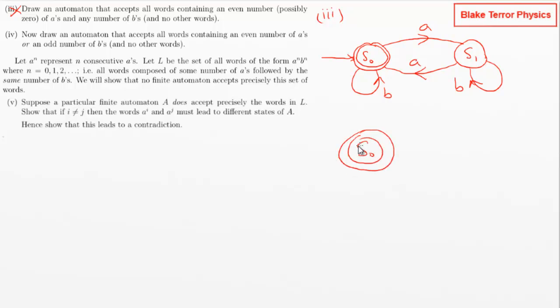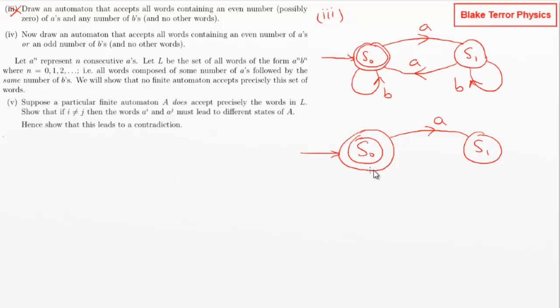So we've got S0, which we know has to be an accepting state because we could come in with nothing again, which is an even number of A's. So if we want an even number of A's, then again, we want to head off to S1, but we have to leave. We want to leave with B as well. But we go off with A to S1 because we can't have A going back to itself, for the same reason as before.